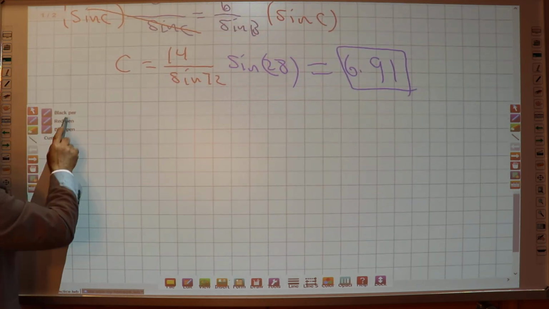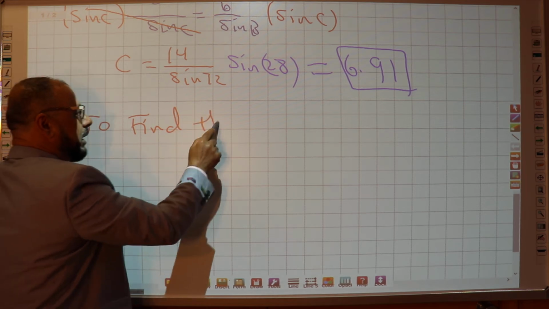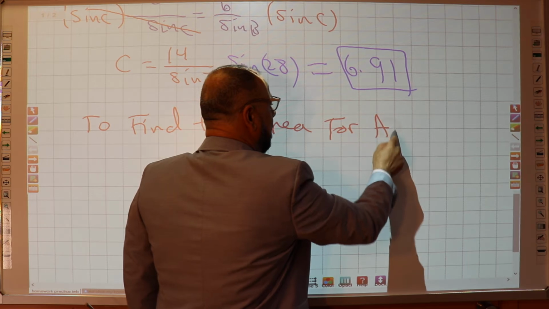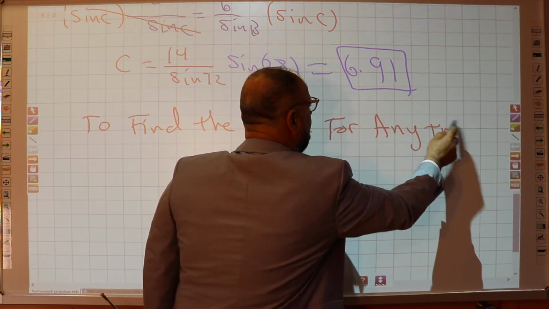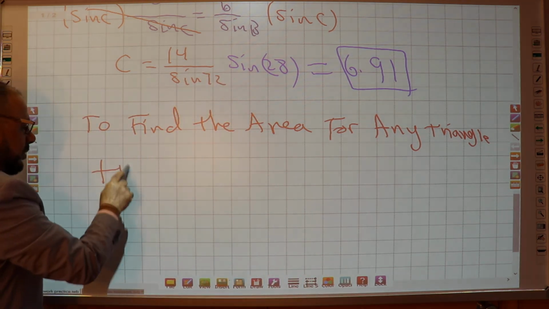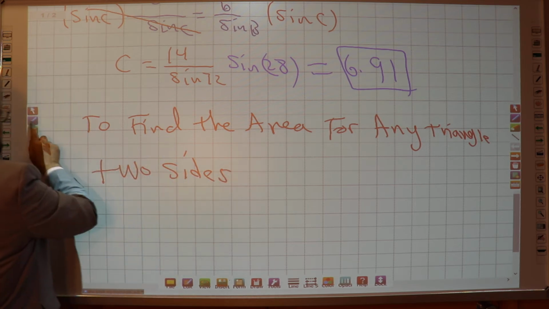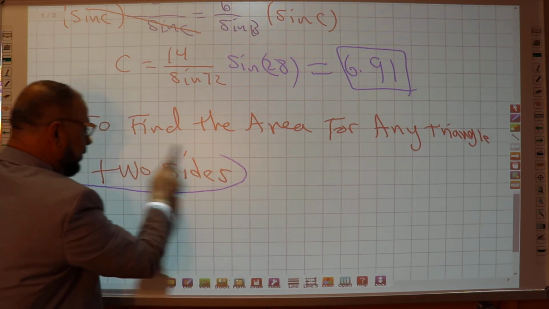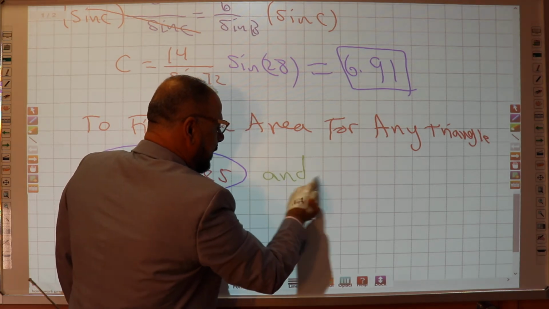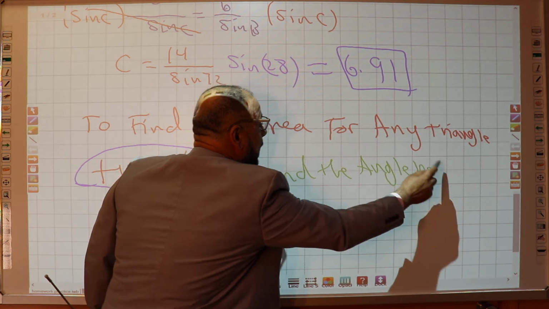To find the area for any triangle, what you need? Two sides and the angle between them.